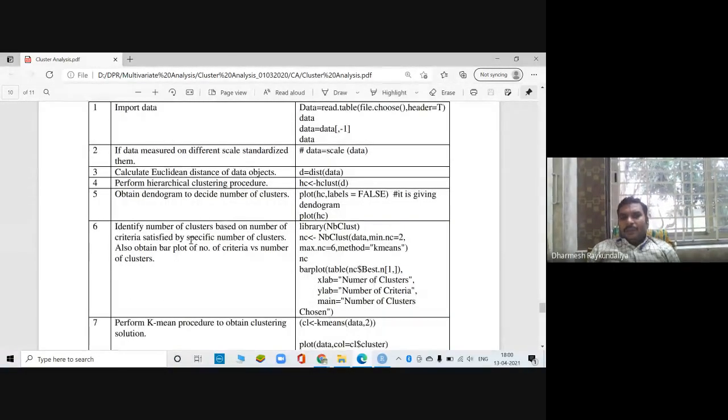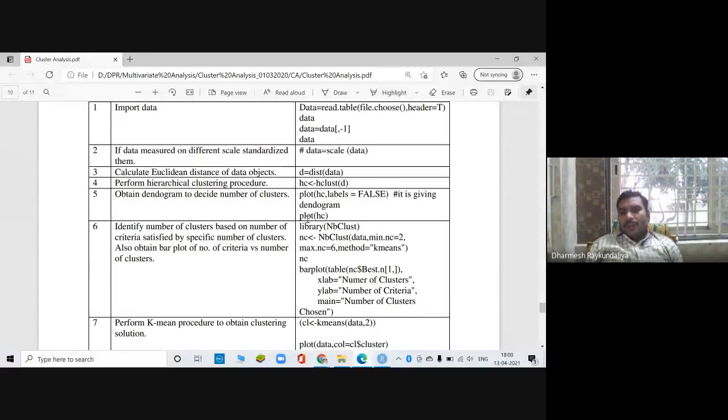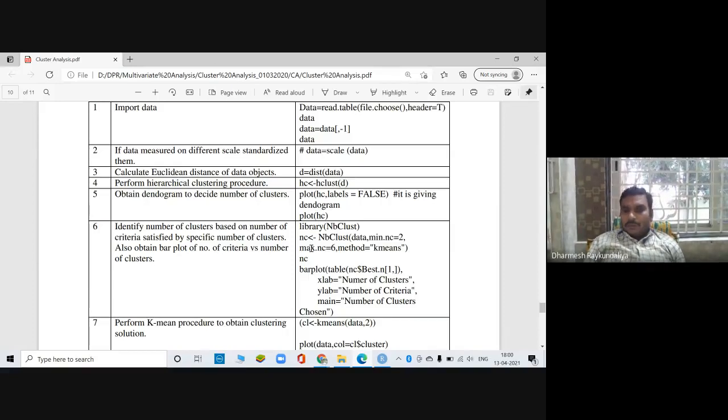Then identify the number of clusters. You can identify the number of clusters based on the dendrogram. Sometimes the dendrogram is also difficult to interpret. So in R there is a command, NbClust, which is part of the NbClust library, which can select the clusters based on certain criteria.